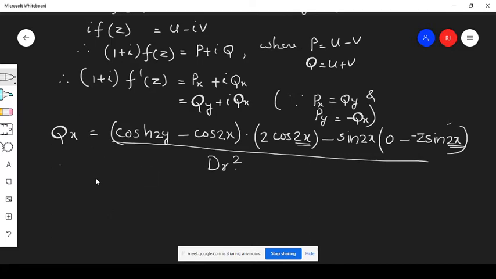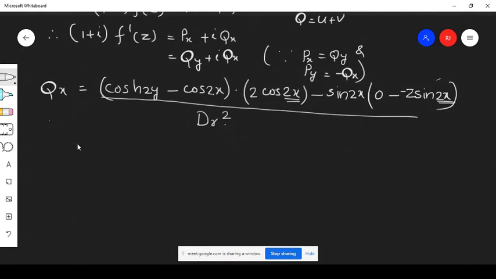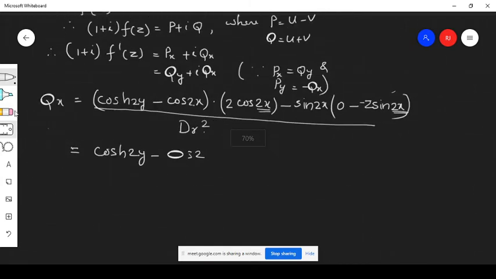A little simplification we will do here. That is equal to cosh 2y minus cos 2x, into cos 2x is there. I am multiplying that cos 2x inside.